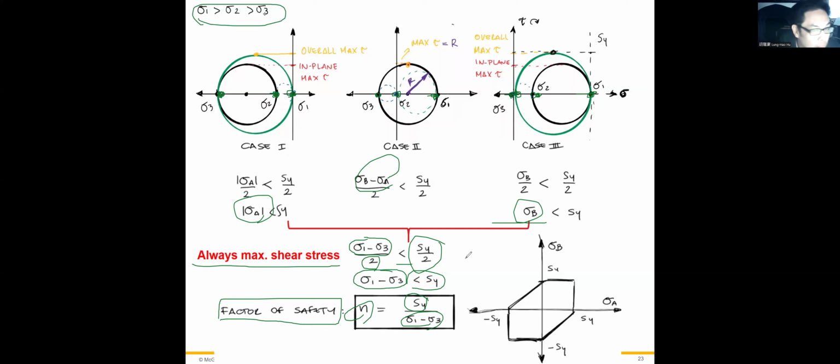So we just modify the stress limits to the yielding stress, sigma y. It's a hexagonal shape.